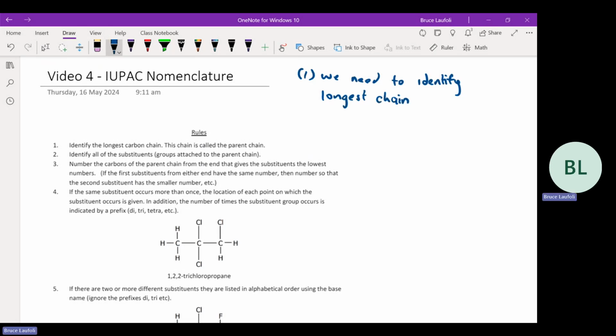It's the first step. Step number 2 in general is that we need to identify substituents and functional groups.